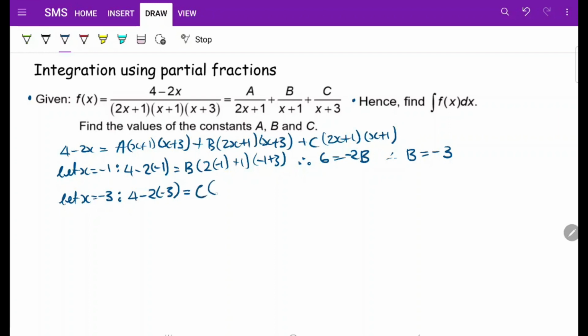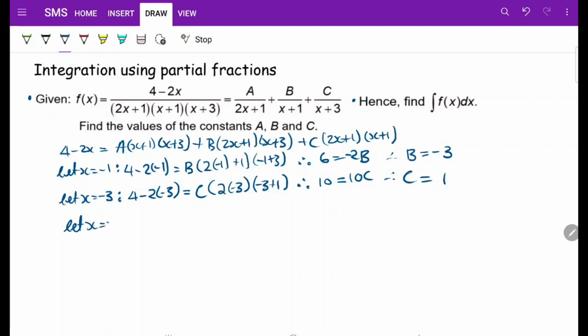So therefore this becomes c, this becomes 2 times -3, and this becomes -3 plus 1. And therefore, if we resolve this, it gives you 10 on the other side. And if we look at it on the other side, multiplying that gives us 10c, and therefore we get that c is 1.